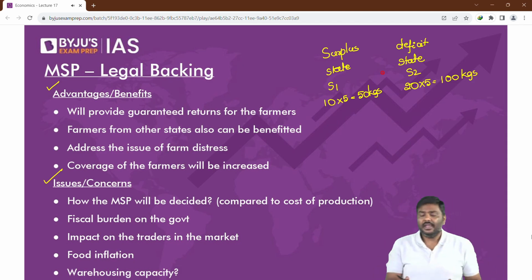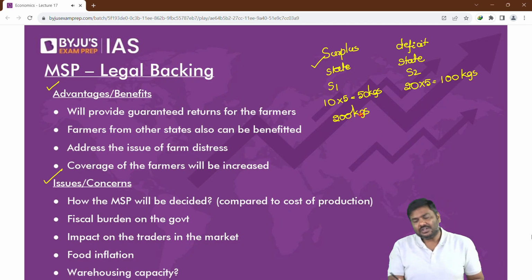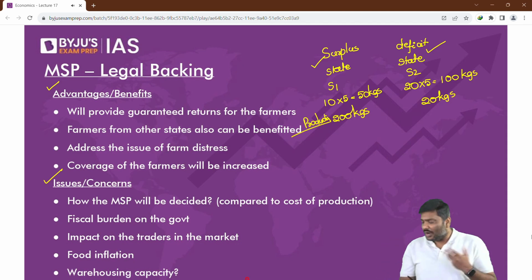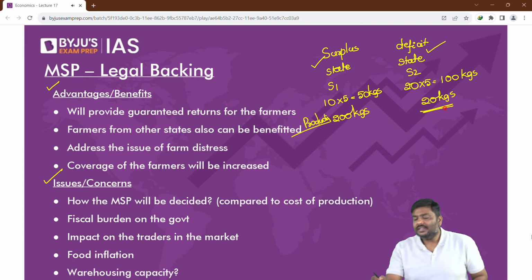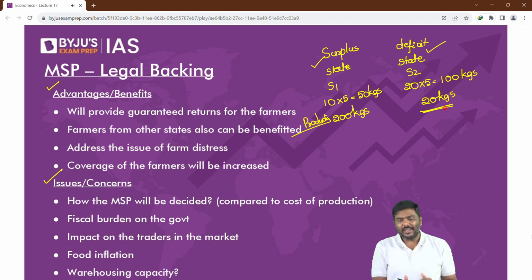But what if production of this crop in state 1 is 200 kgs and in the second state it is only 20 kgs?